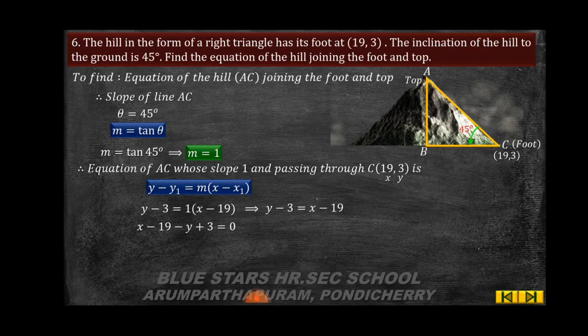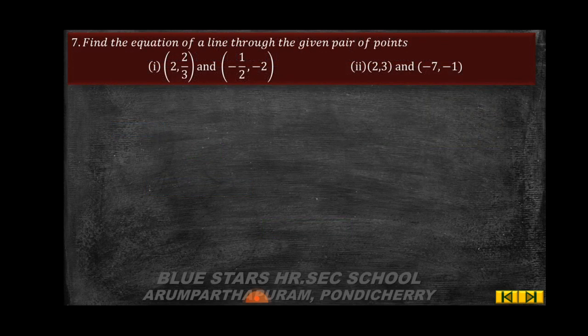Taking y minus 3 to the right hand side, plus y becomes minus y and minus 3 becomes plus 3. Therefore, the simplified equation is x minus y minus 16, because minus 19 plus 3 is minus 16, equal to 0.